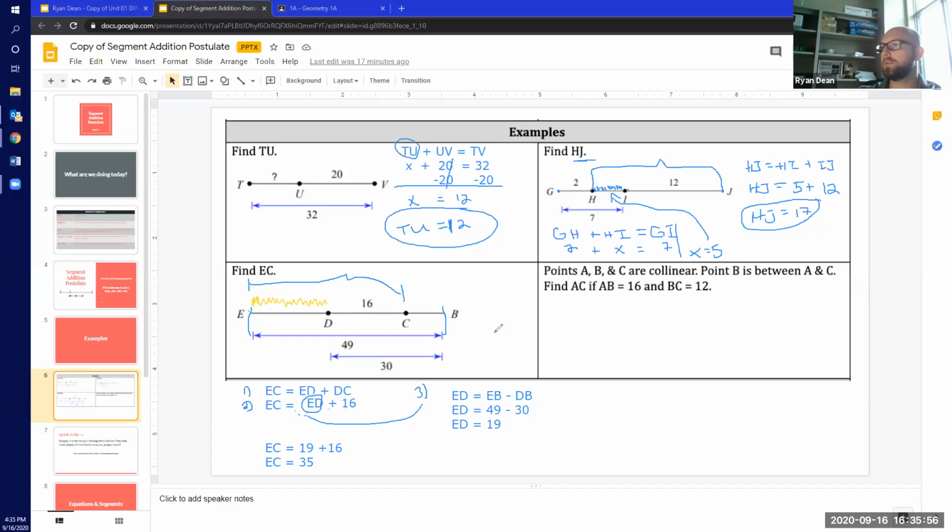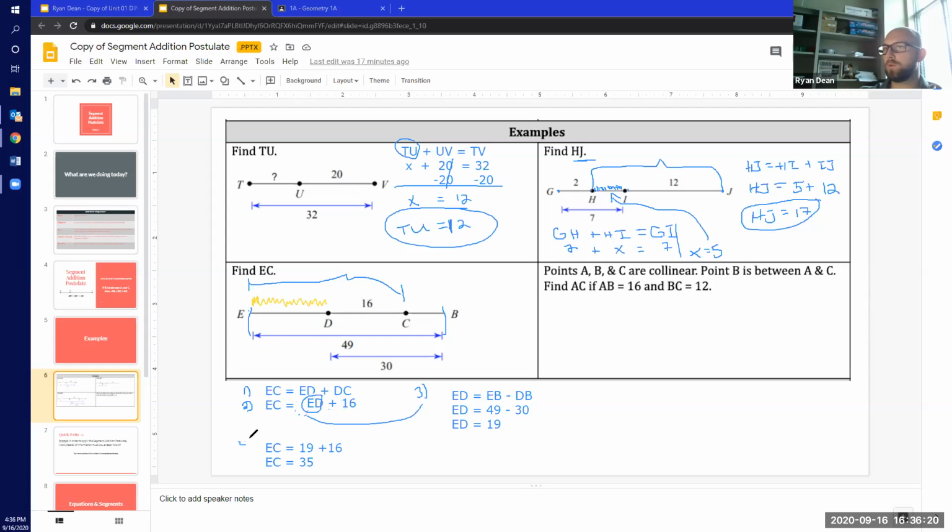So when I do that, I'm basically just subtracting D to B. And they gave us that length right here, it's 30. So once I subtract it away, I get that ED is 19. And now I can take the 19 and come back to my formula and plug it back in.